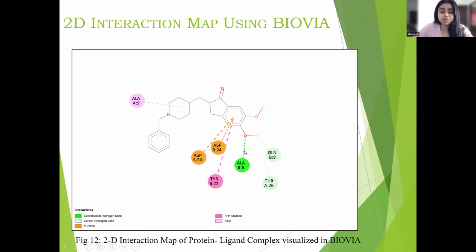This map shows the interactions of the APP at the specific amino acids with the ligand, and it shows the hydrogen bonding, pi stacking, as well as electrostatic interaction, which help to explain how the ligand is anchored well within the binding site of the protein.